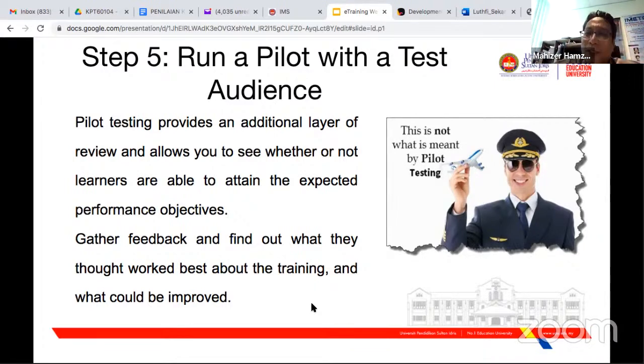Unit 1 maybe about the library, unit 2 about registration and payment of fees, and module 3 about the faculties and departments. Maybe you have 3 or 4 units in one e-orientation module.